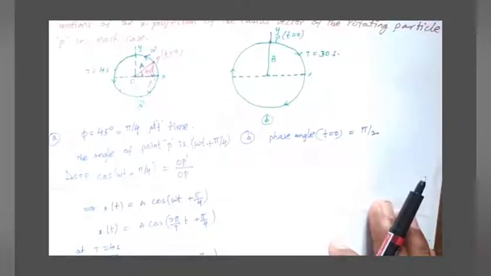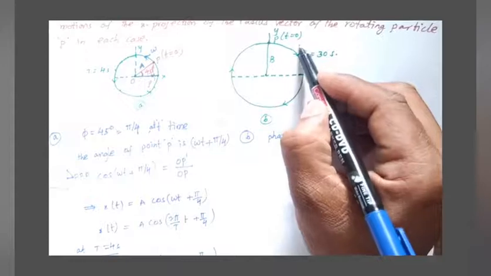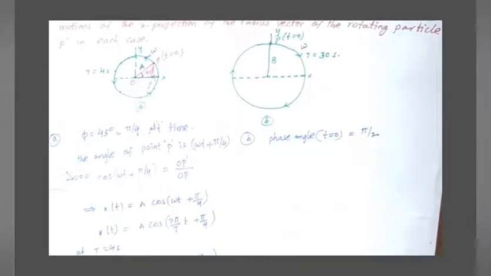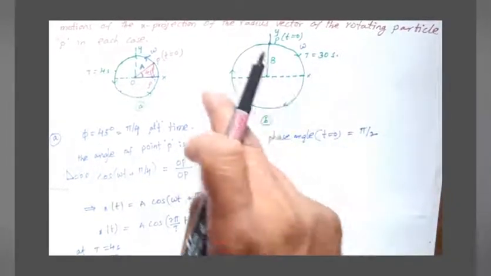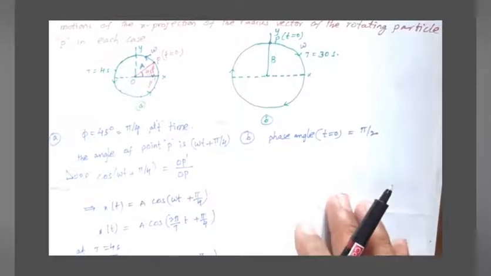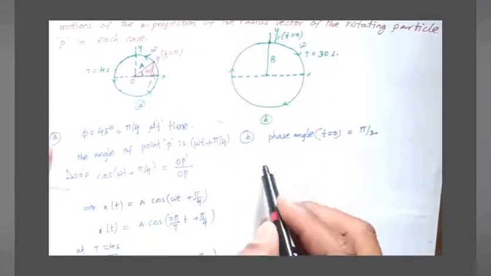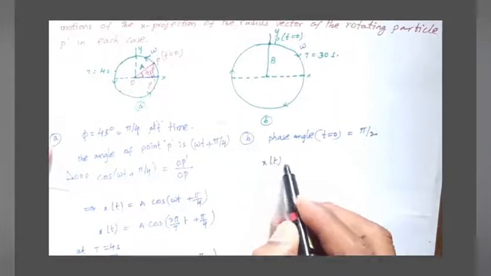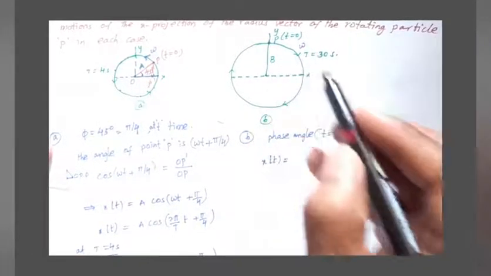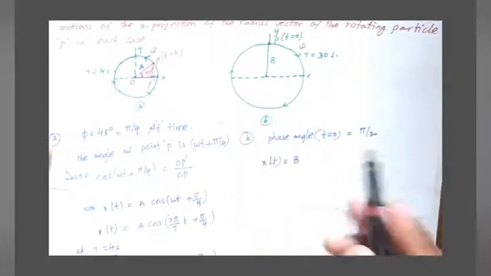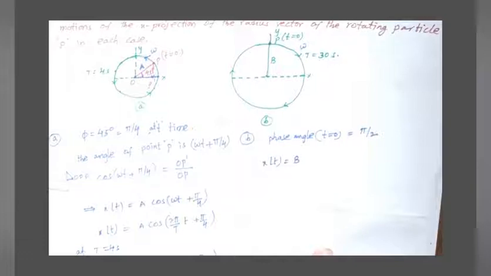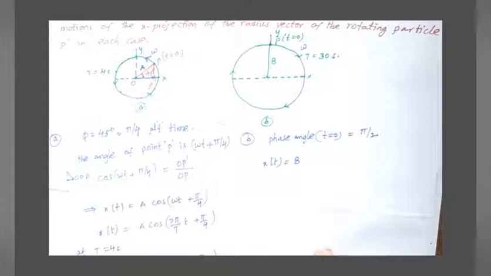When it moves clockwise, the angular frequency omega is constant, but it moves in the clockwise direction. Along x, x of t equals, with the amplitude here being b, at time t the angle is 2 pi by capital T into t.